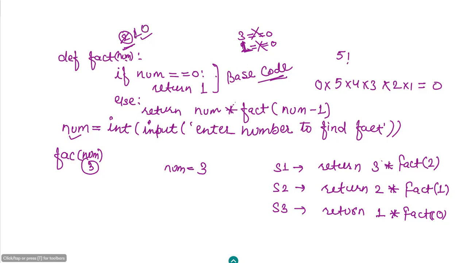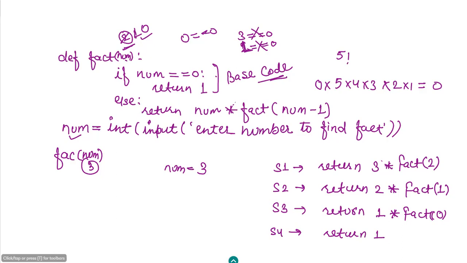Now you compare this value to 0: 0 is equal to 0. So that means this expression is evaluated to true. Now this block will be executed and it will return only 1. So in the fourth step, it will return 1.